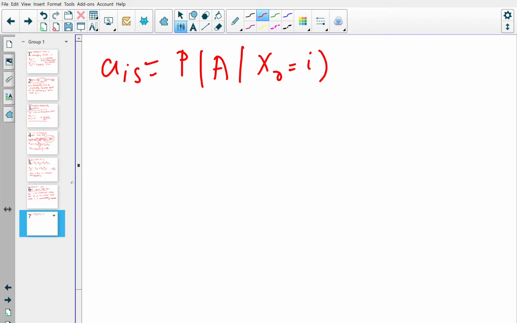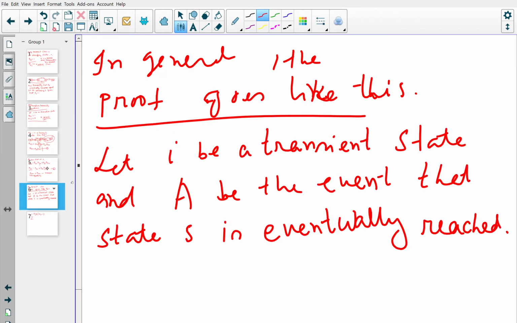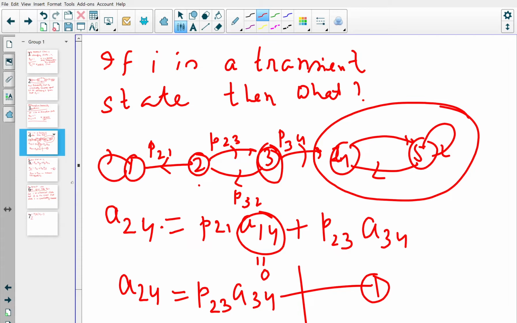Now you can use the total probability theorem. What do you get? You can see in the example, you can go to the neighboring states. The total probability theorem tells you that you can go to 1 or 3.